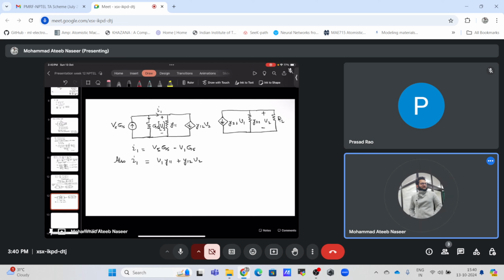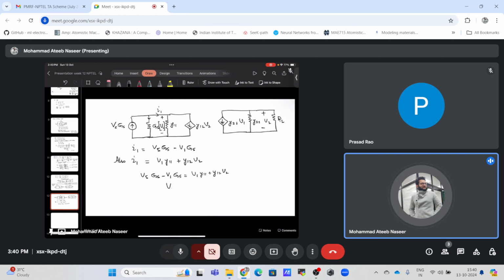If I equate 1 and 2, I will get Vs Gs minus V1 Gs equals V1 Y11 plus Y12 V2. Sorry, it's minus.